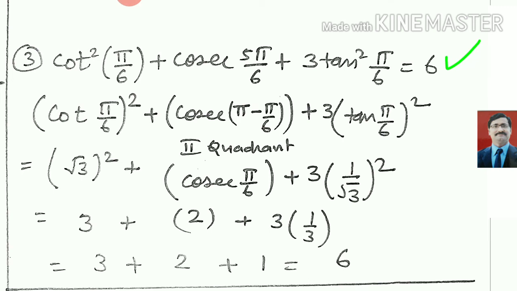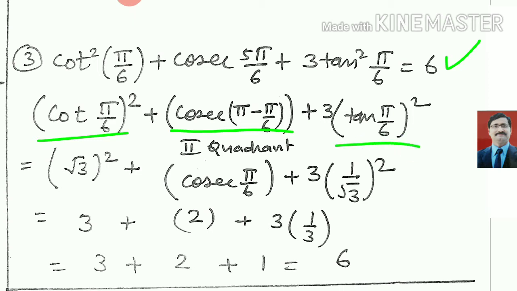First we can write (cot pi by 6) whole square plus the second, cosec 5 pi by 6. Look here, this numerator is 1 less than the denominator, so you can write pi minus pi by 6. So this will be cosec (pi minus pi by 6) plus 3 (tan pi by 6) whole square.